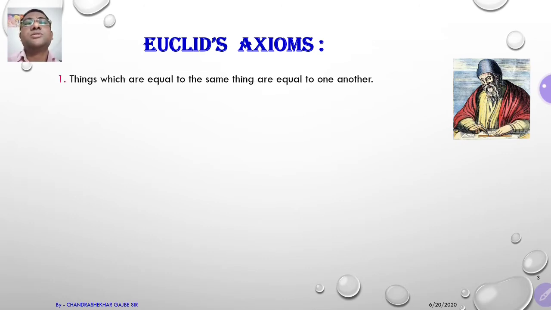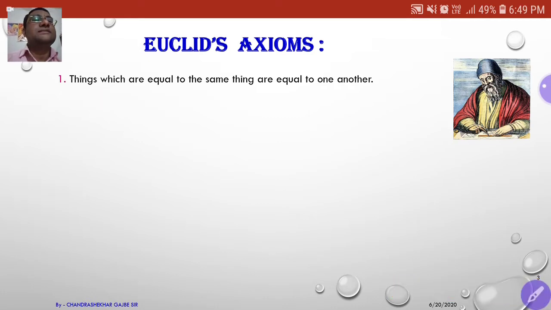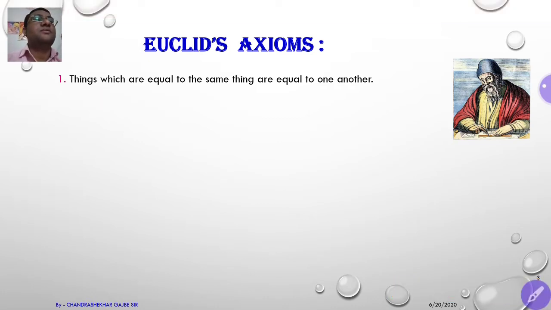First axiom is: things which are equal to the same thing are equal to one another. That means two things which are equal to the same thing are equal to one another. So we are taking an example for that.